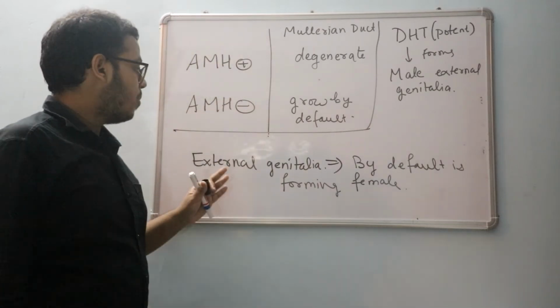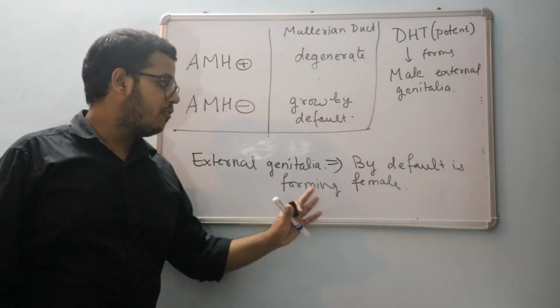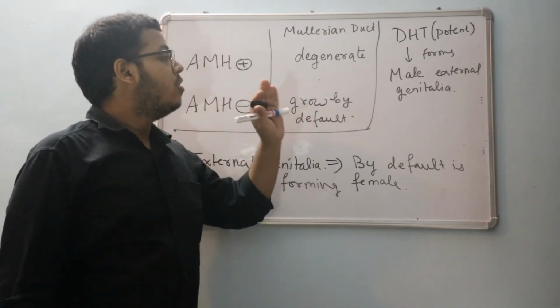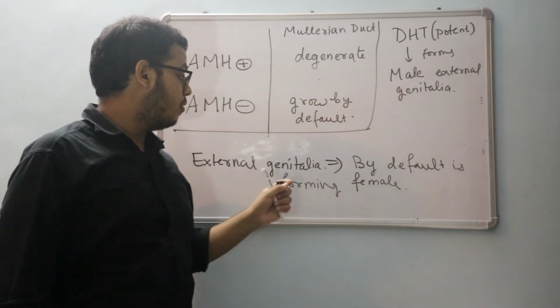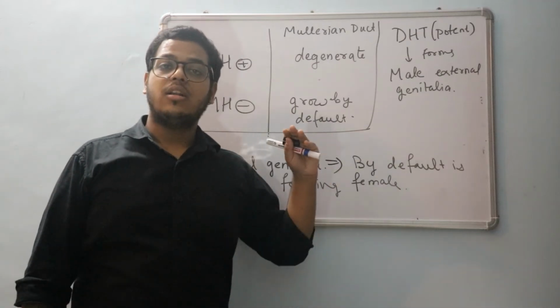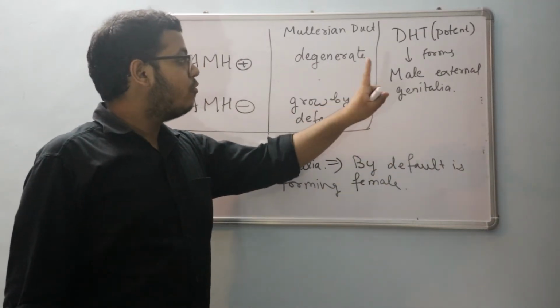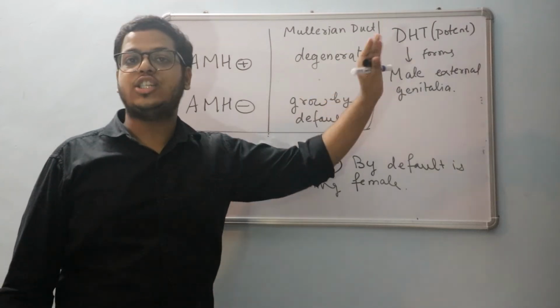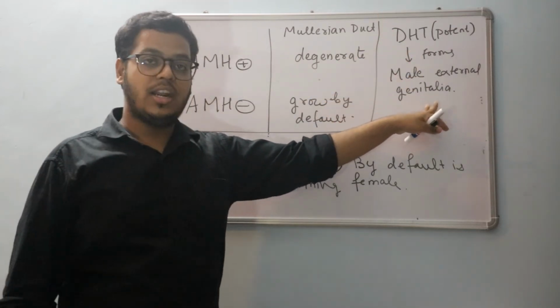So external genitalia by default will be forming female. Whether you have estrogen, progesterone, doesn't matter. Whether you have no hormones, doesn't matter. Only thing which will matter is presence of a potent androgen, that is DHT. Then only it will form male external genitalia.